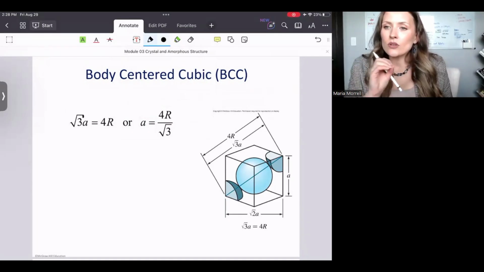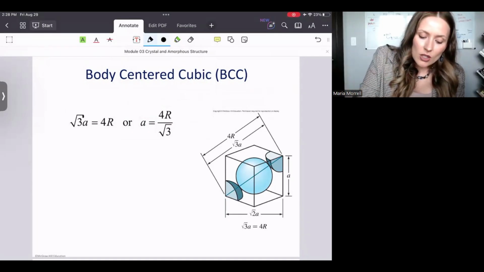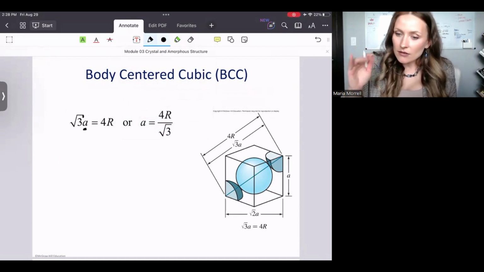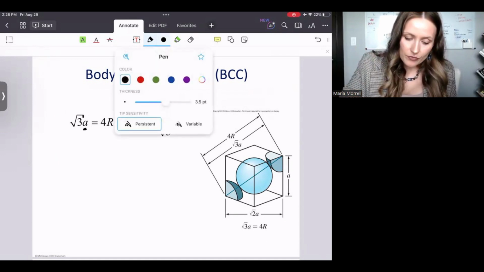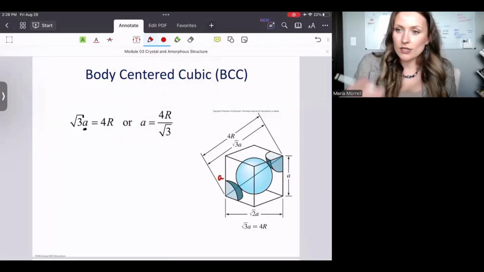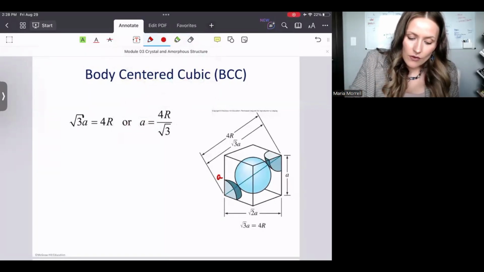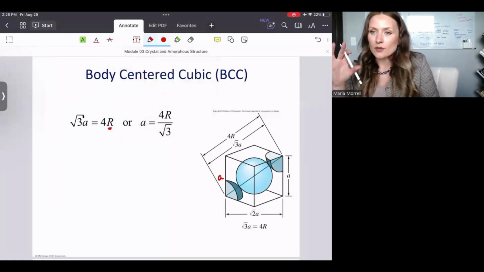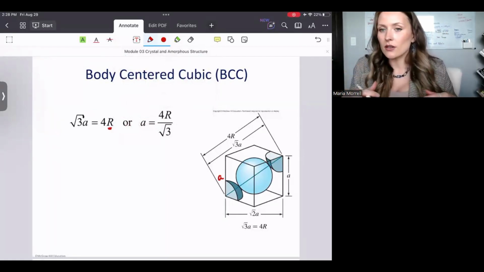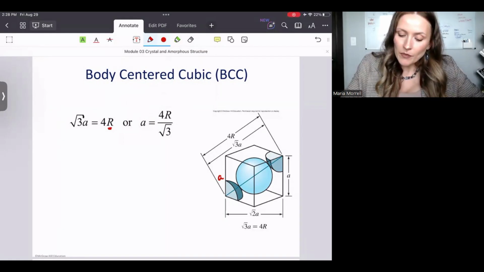I want you to know the relationship between the unit cell length, A, right? This is an example, right? This is your side A, and the radius of the atoms, right, that compose the cell.